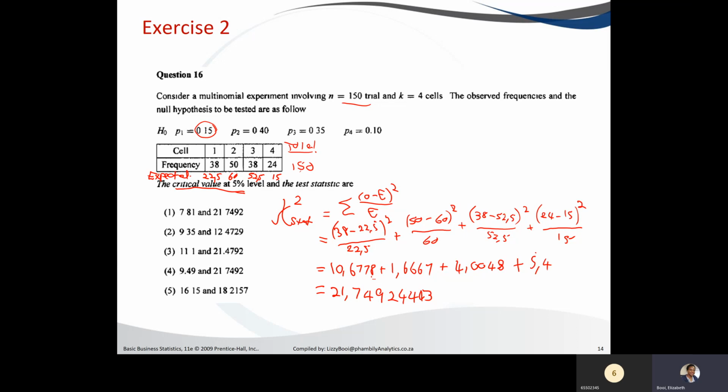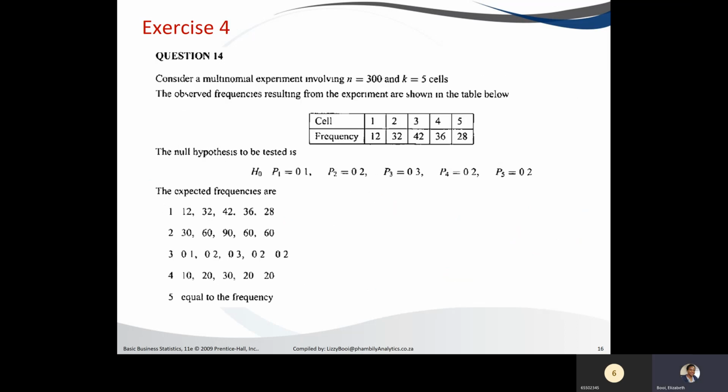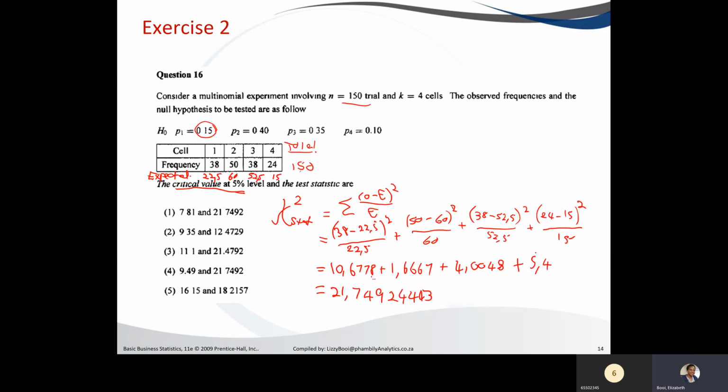If you add all the digits together, the answer will look almost similar to the one that I have. I rounded off 4,0048. So you might not get the same as I am, but at least the answer will be on the answer sheet. Sorry about that. And that gives us, for some reason, I cannot write.